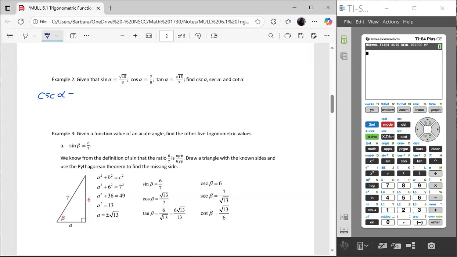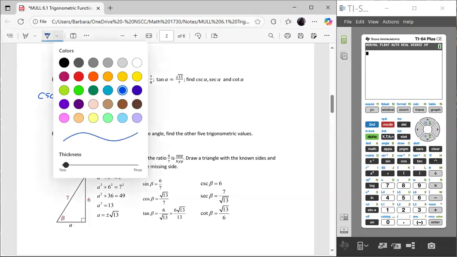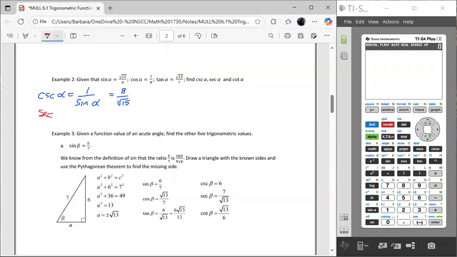To find the cosecant alpha is equal to the reciprocal of sine alpha. So we just take the reciprocal, which is 8 over the square root of 15. The cosine alpha is 7/8, so to find the secant alpha, we take the reciprocal of cosine, and we have 8 over 7.